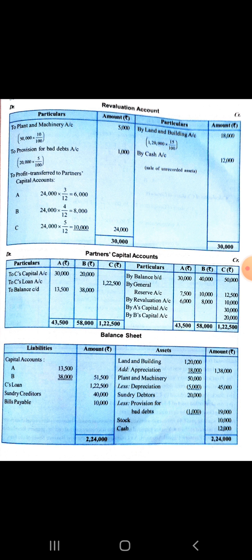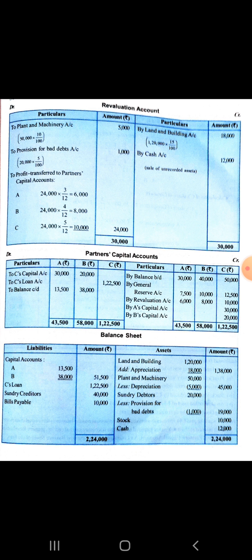First, to C's capital account, rupees 30,000 in A's column and 20,000 in B's column. These are the compensation payable by A and B, so these two amounts are debited to A's and B's capital accounts. Next, capital account credit side, C's column 30,000 and 20,000. That is the compensation receivable by C from A and B.